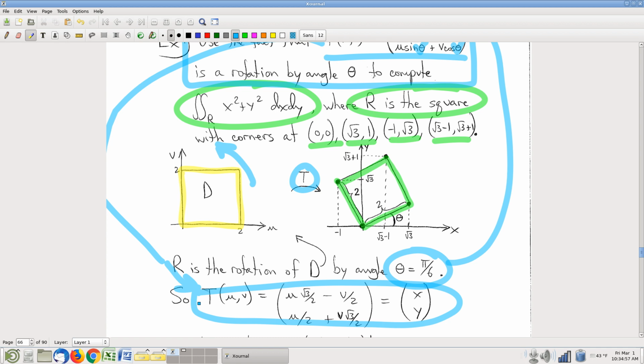Now we're all set, right? We've got our change of variables function. We see what the pullback domain is. And all we've got to do is plug and chug and compute our stretching factor, plug in for our variables, and celebrate the fact that we now have a brand new, much easier integral to work out. So, some details. Let's go ahead and do that.